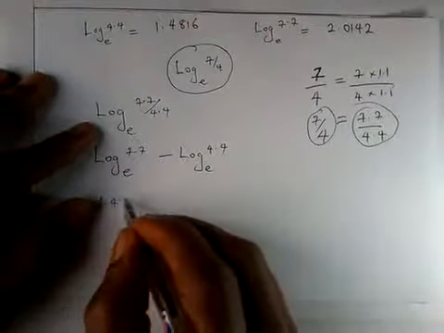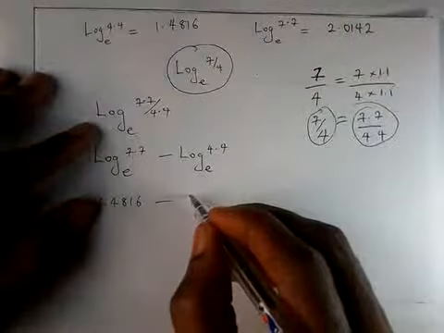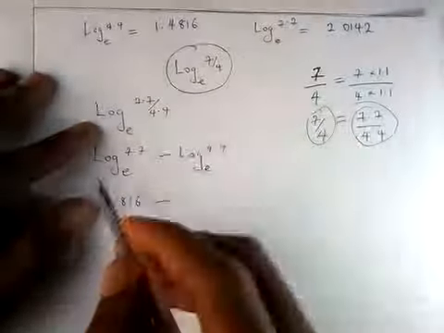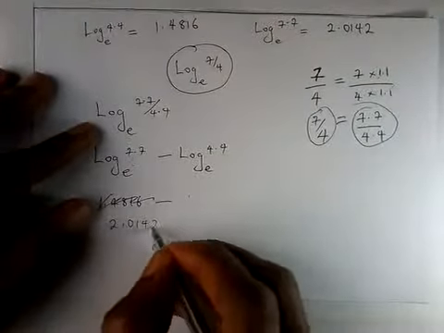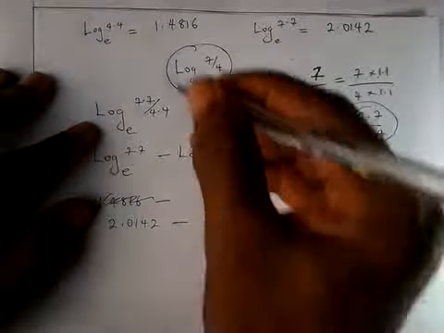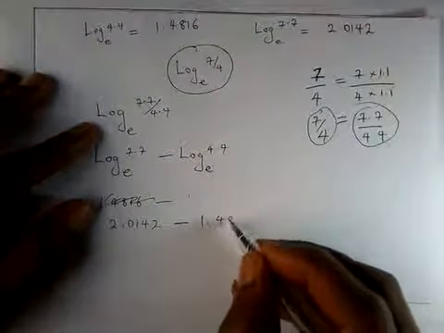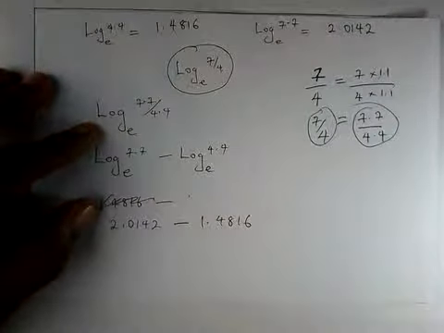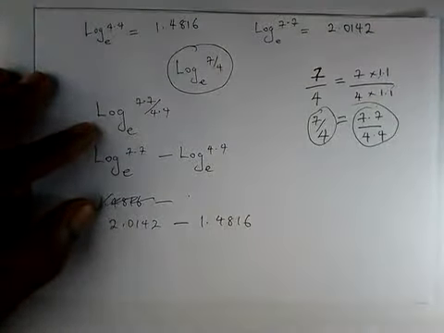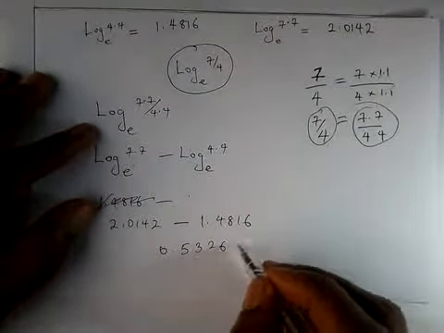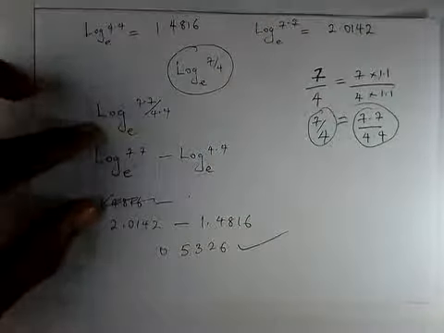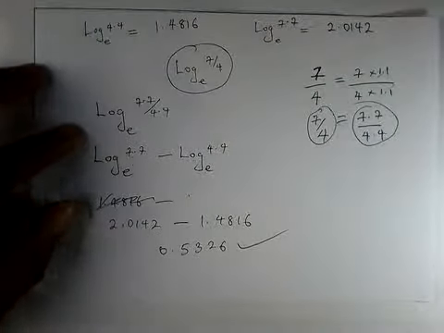This is 2.0142 minus 1.4816. Subtracting these values, you'll be getting 0.5326. Okay, that's what you'll be getting.